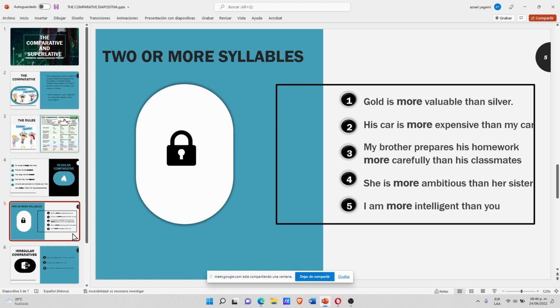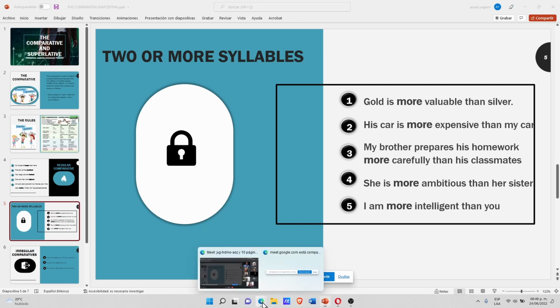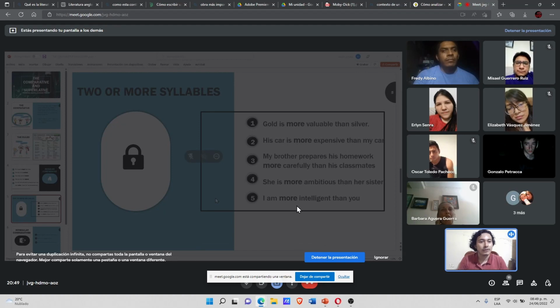Okay, we continue. When we use two or more syllables, 5 examples. Number 1. Gold is more valuable than silver. Okay, sorry for my dog. Okay, in this case, who can read? Only read. Who can read? Gonzalo, you can read the number 1?